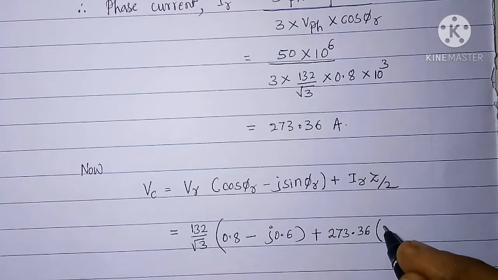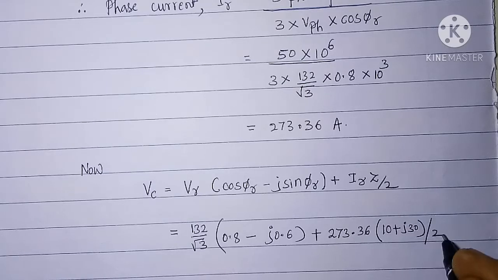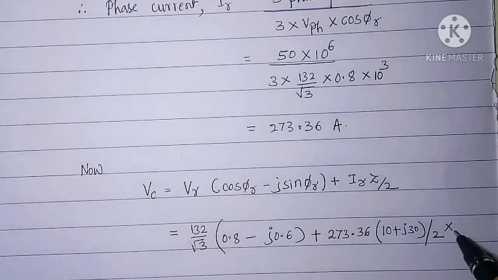Z is 10 plus j30 by 2 into 10 raised to minus 3, because 132 by root 3 is in kilovolt, but it is current not in kiloampere or impedance not in kilo ohms.